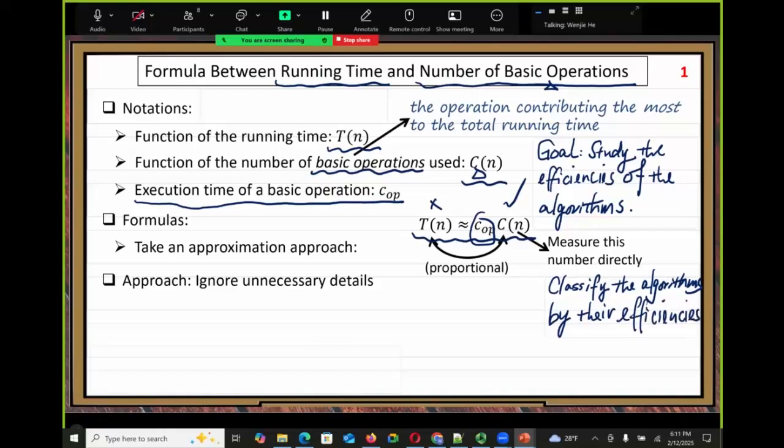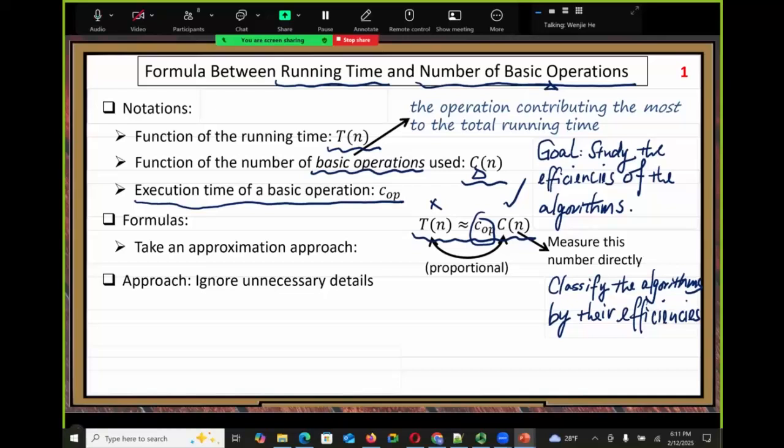Okay, we want to classify, because there are so many algorithms out there, distributed everywhere, and there is no good way to organize all these algorithms.